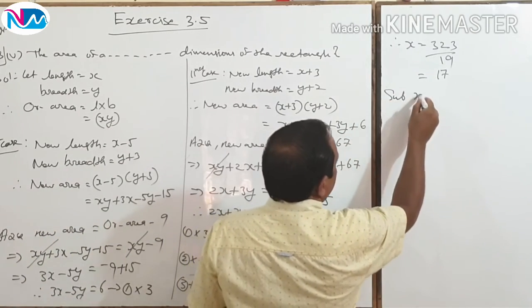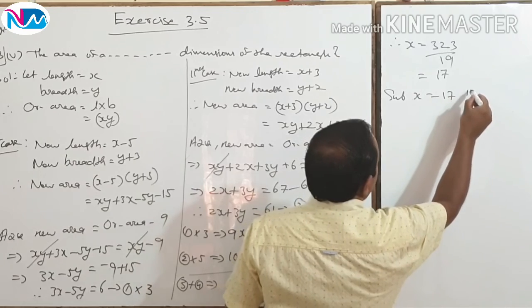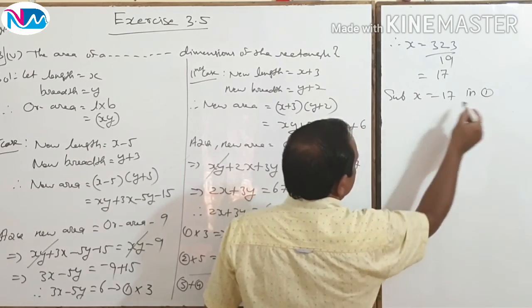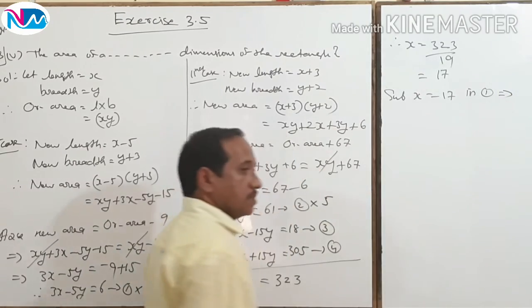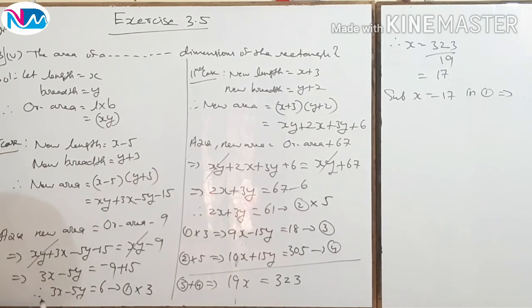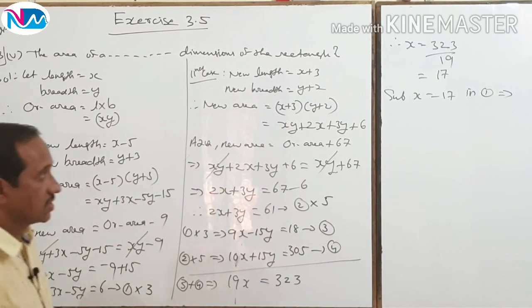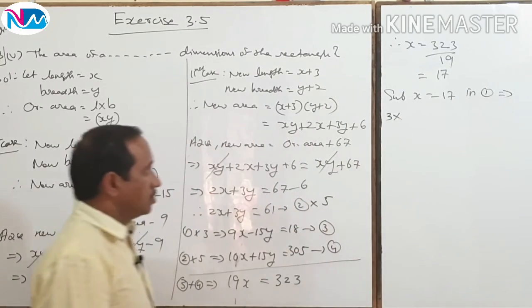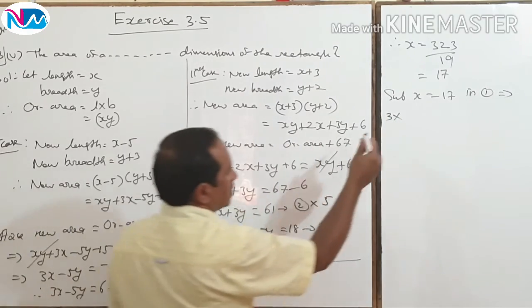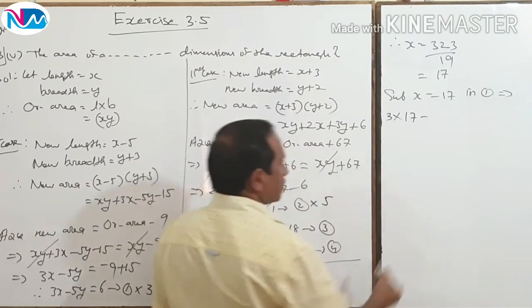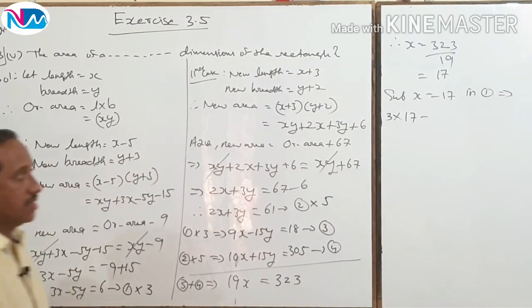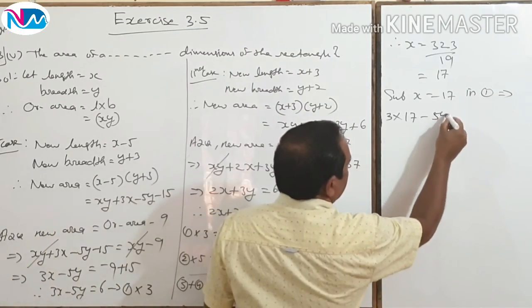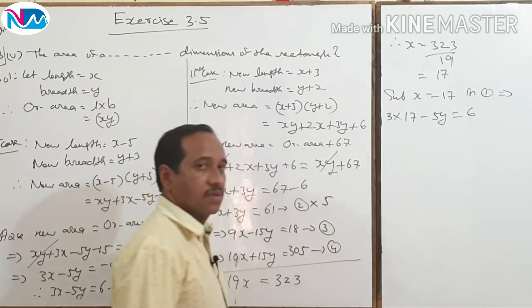Substitute x is equal to 17 in equation number 1. In equation number 1 we have 3x minus 5y is equal to 6. So we substitute x is equal to 17, that is 3 into 17 minus 5y is equal to 6.